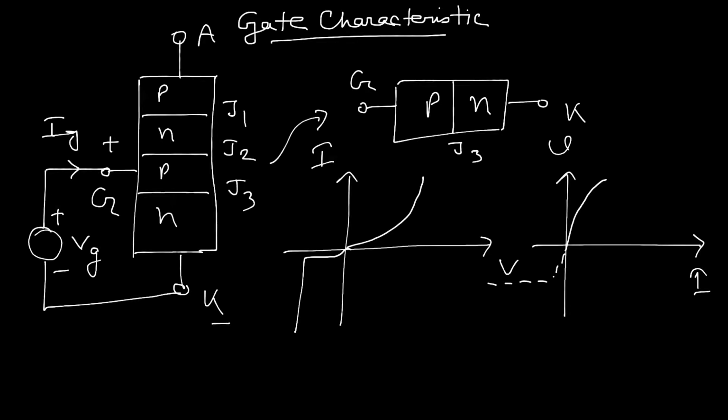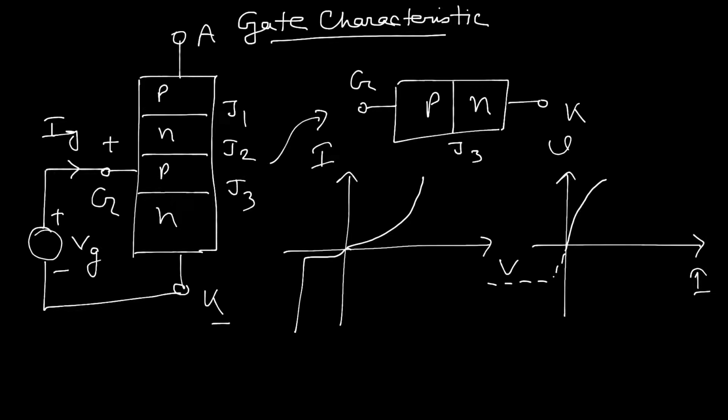The value of Vg and Ig are not restricted to a specific value. Rather, it varies over a wide range and depends upon the gate characteristics of the SCR.